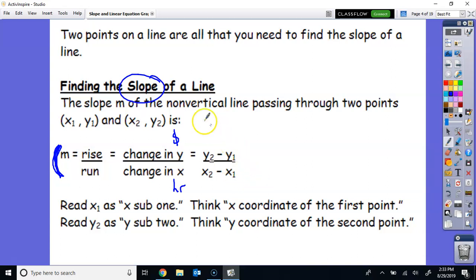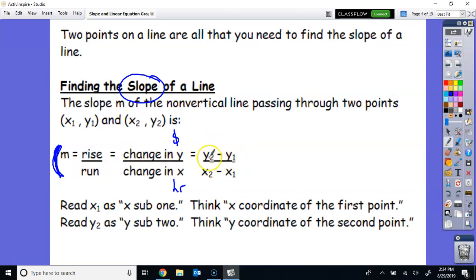When we are looking at a line or a real life situation and we want to find how two things are changing compared to each other, we do have to be able to use subtraction, because subtraction is how you find the change in two numbers. If you want to find the change in temperature from the morning to the afternoon, you have to subtract the afternoon minus the morning, and it will give you the change in temperature.